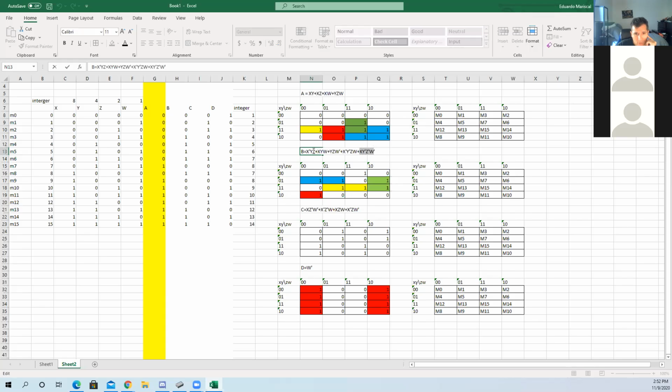To get the first one, I need X naught, Y, so that's what we have here, X naught, Y, for this part right here. And now, the only thing that does not change between those two to cover the blue part is the Z. So that's supposed to be a Z naught.